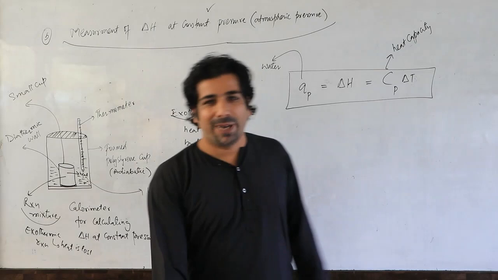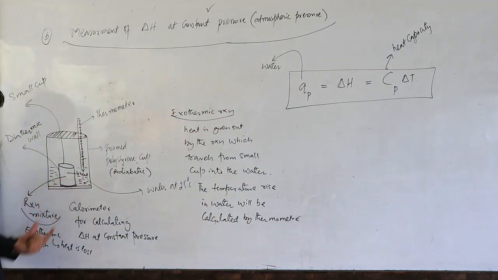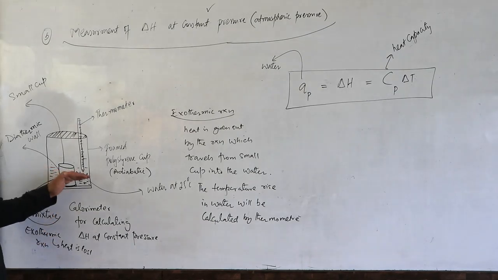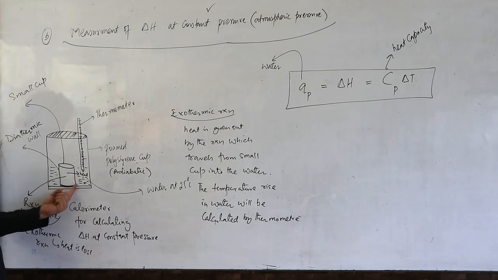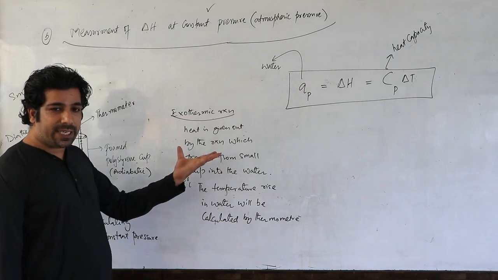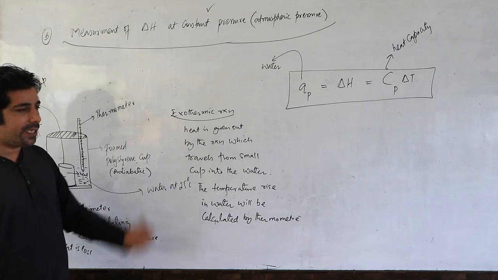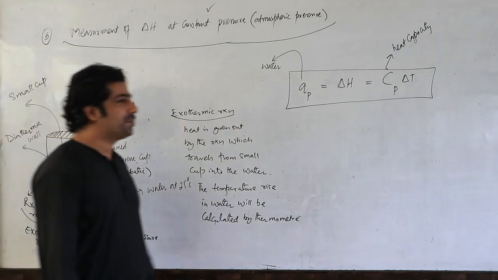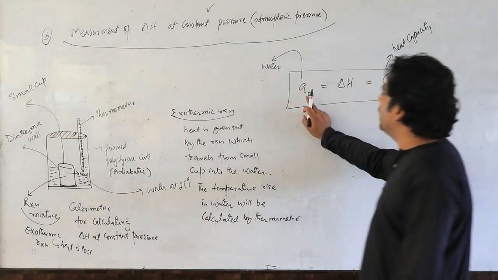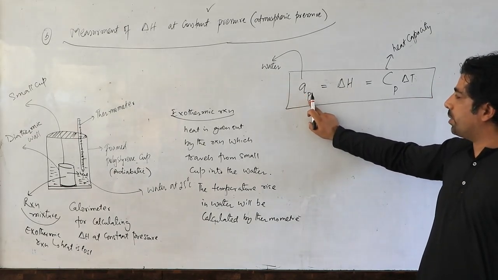So that means, my dear friends, when the reaction takes place in this system, let us suppose that reaction is exothermic, heat is lost, heat comes out, because this wall is basically diathermic, water will absorb the heat, the temperature of water will rise, it will increase. So obviously when temperature of water increases, we can easily calculate the heat absorbed by the water at constant pressure.